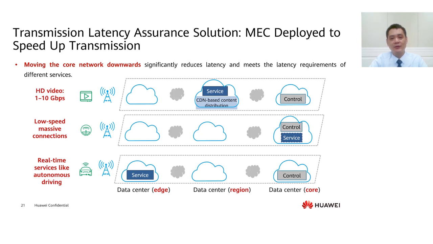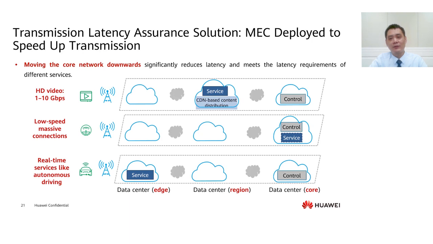If a service request is sent, the terminal sends the request to the server in the core DC. The server responds, and the terminal then performs the corresponding action. In this way, high latency is introduced. To support services with low latency requirements, moving the core network downwards is proposed.